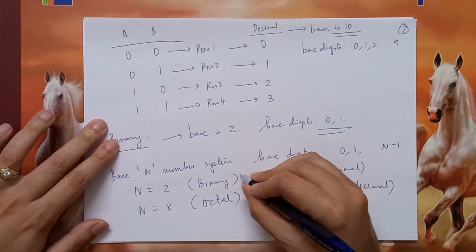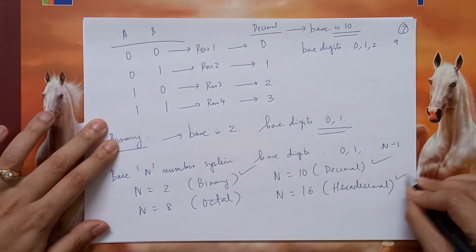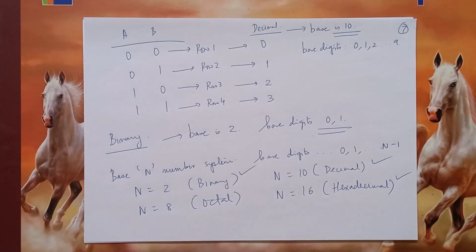The most popular ones are binary, decimal, and hexadecimal, because hexadecimal is essentially a more elaborate version of a binary system, which is extensively used in microprocessors and microcomputing systems. We shall look at this in a little bit more detail, and we shall definitely see how to use them.